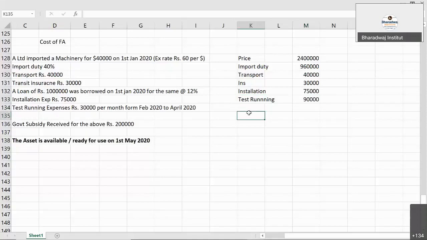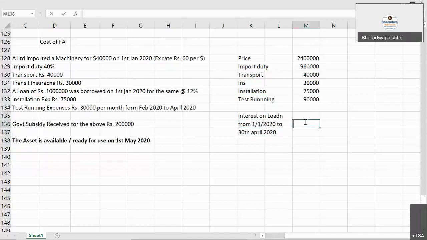Then interest on loan from 1st January 2020 till the asset is ready for use. Till 30th April 2020, you have to include it.